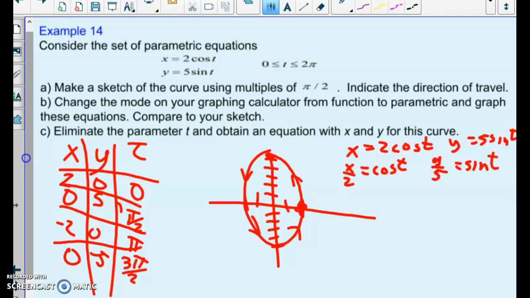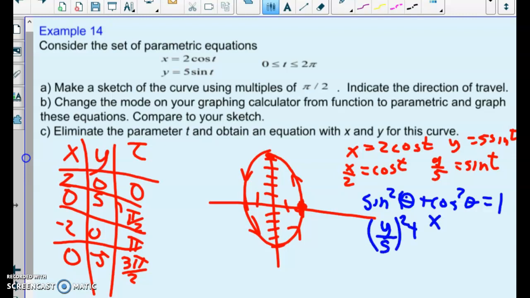And if we use this Pythagorean identity that we've used in the past, sine squared theta plus cosine squared theta equals 1, and we plug these in, I get y over 5 squared plus x over 2 squared equals 1, which gives me y squared over 25 plus x squared over 4 equals 1.